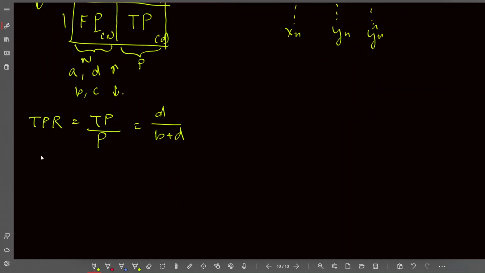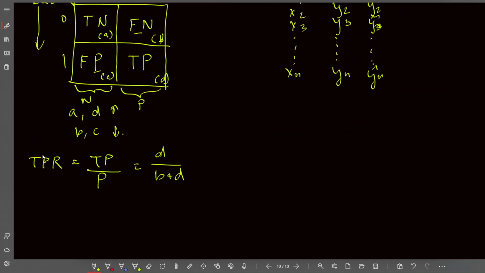Then you have something called, just bring the square down there, the matrix. You have true negative rate, which is, as you might have guessed, true negative by the total number of negatives, which is basically A upon A plus C. Then you have the false positive rate.